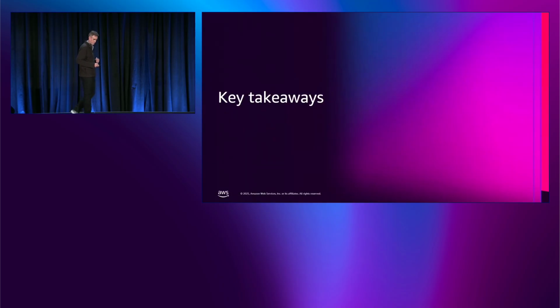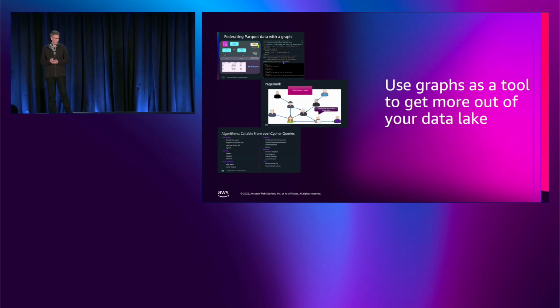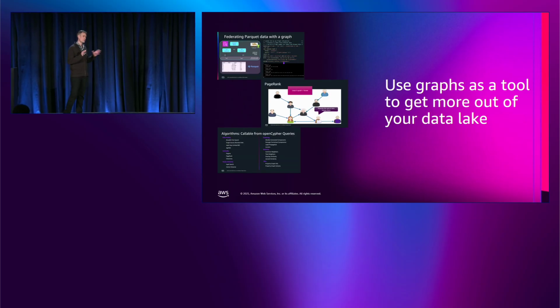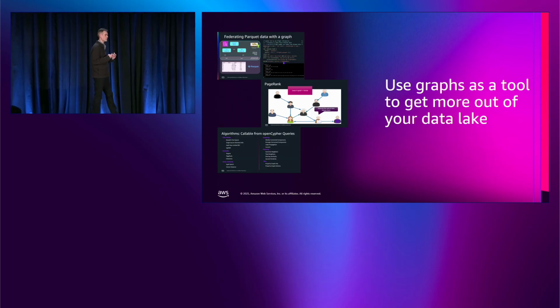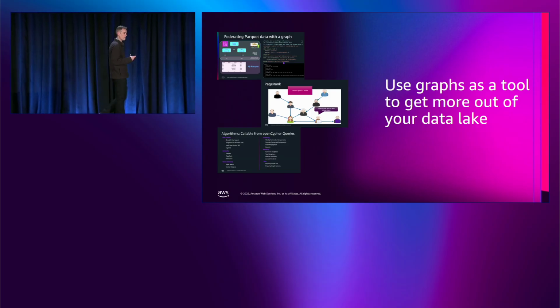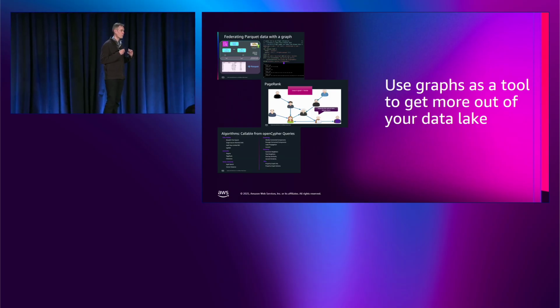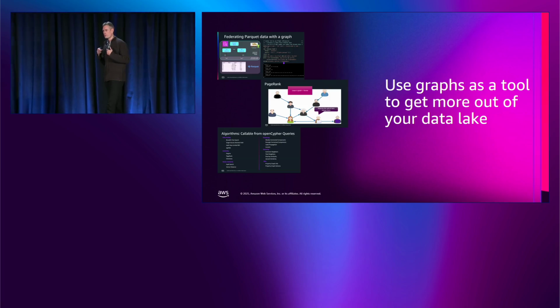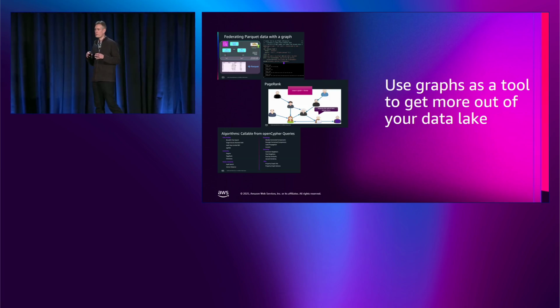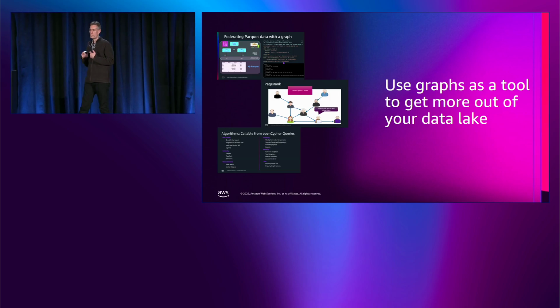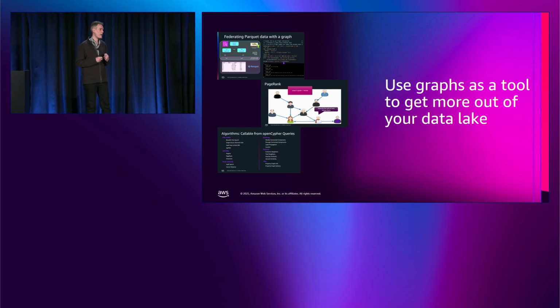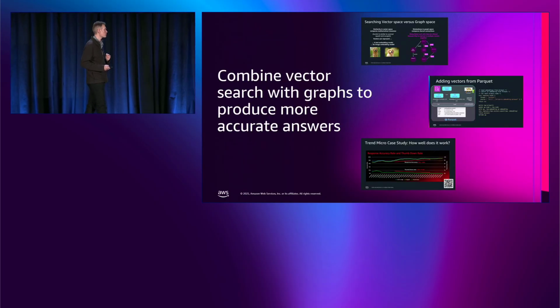So just to do a quick wrap up, when you think about graphs as a tool to get more out of your data, think about ways that you can use graphs to process your data where it is, and ways you can use graphs to improve the accuracy of different applications.